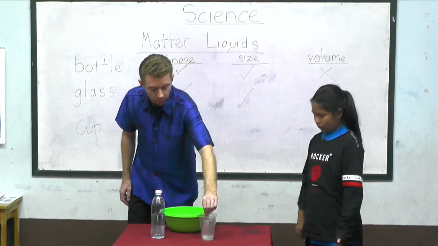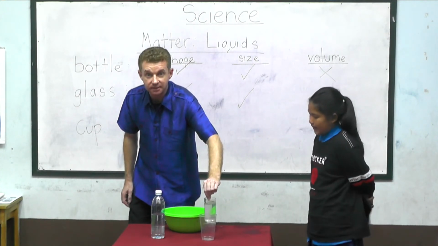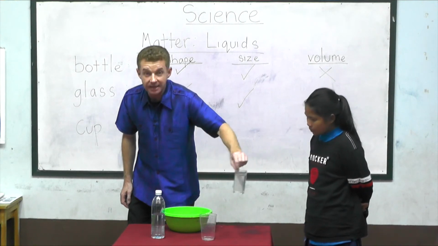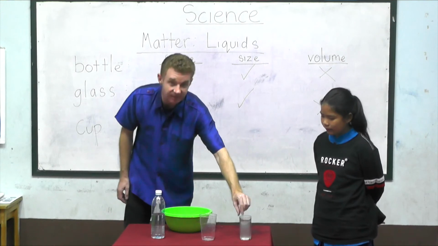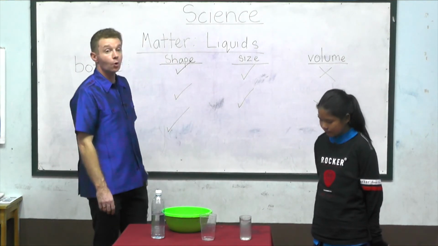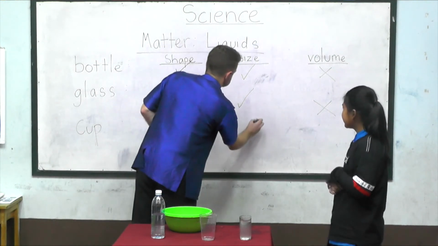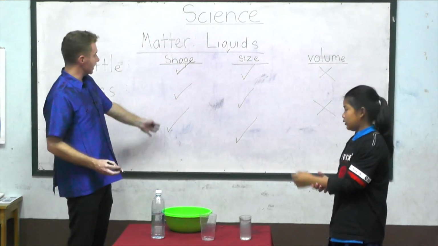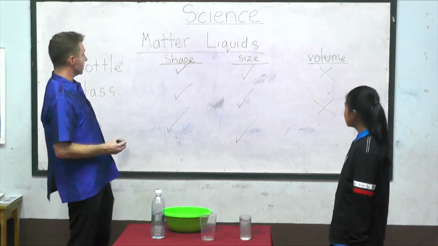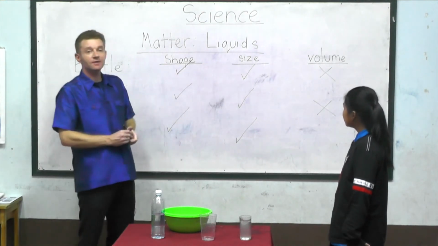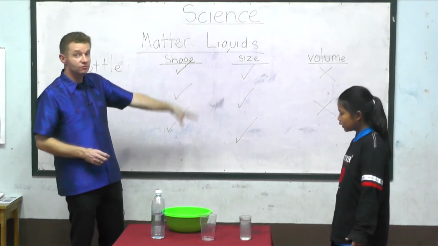But notice how the water now keeps the shape of the thing it's in, the glass. So that means that the liquid will also change size, which is exactly like we expect all liquids to change shape depending on the container and also change size depending on the container. This shows how they are different from solids.